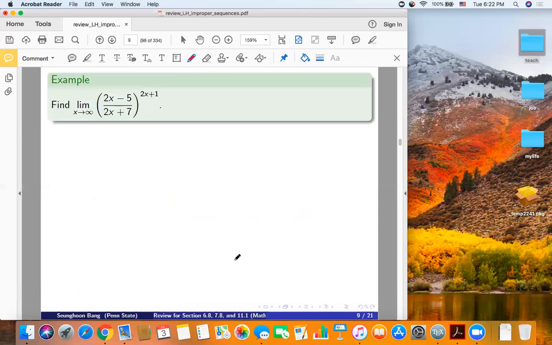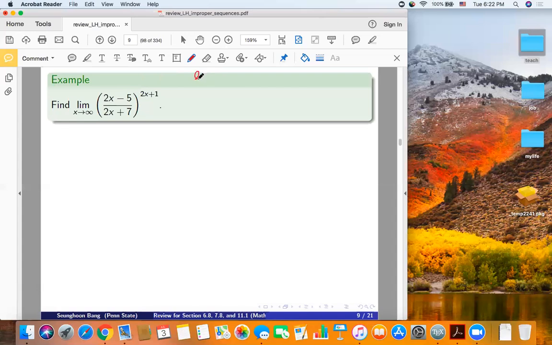The next one, this one. Is this an indeterminate form or not? This is an indeterminate form. Kevin said 1 to infinity. Yeah, x value approaching infinity. What happens inside?